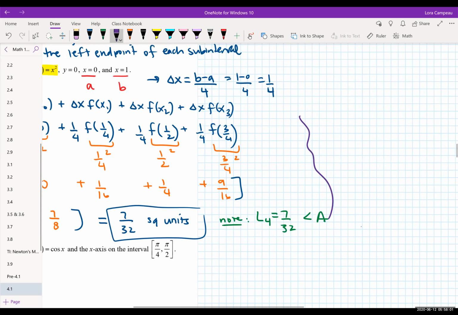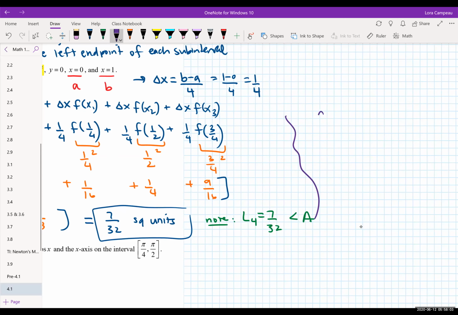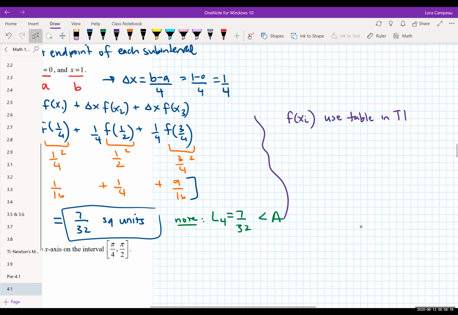if you wanted to use your f of x sub i's, you're trying to calculate those, and this one's not so bad, it's f of x equals x squared, but you can either use your table in your TI, which gives you another version, or the variable feature in your TI.